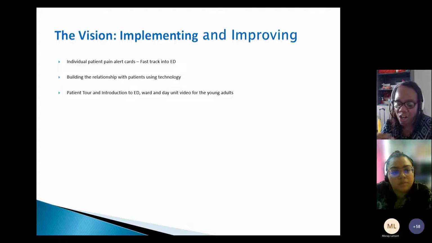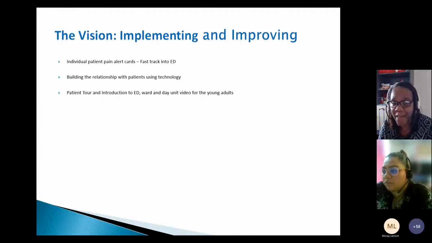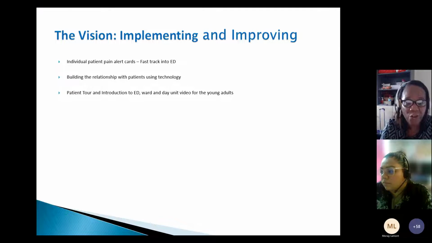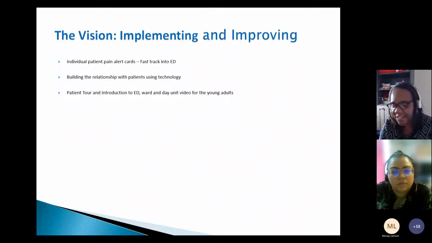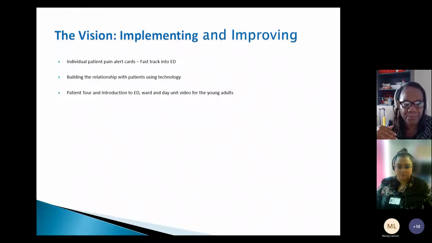So the pain alert card is something like a credit card, with the information on it that the patient can carry with them wherever they go. And what's good is that even if they end up in South London, East London, or North London, the hope is that with that card they will have the information, and also the information to contact us, the hematology team.